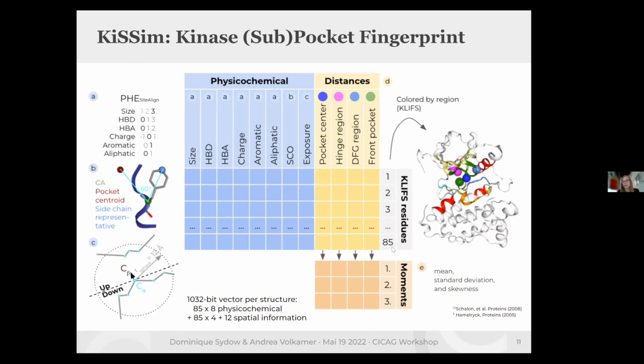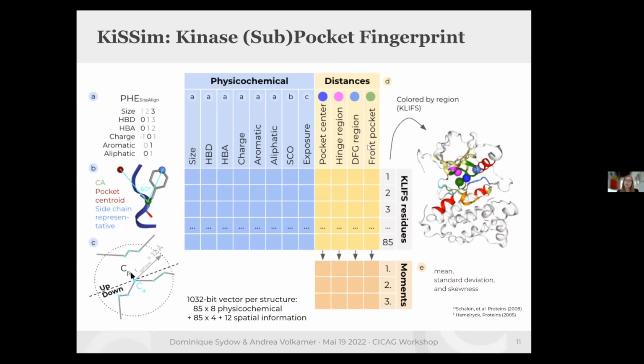So we use the 85 residues in KLIFS, and each residue is described by physical, chemical, and distance properties. And since we do have the alignment, we don't need to superpose the structures because that has all been taken care of by KLIFS. And then the residues are described by their size, hydrogen bonding capacity, charge, aromaticity, aliphaticity, and then solvent exposure and side chain orientation, which you see here on the left.